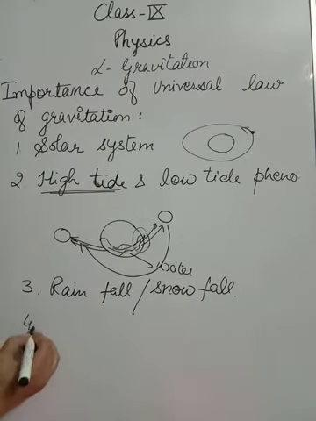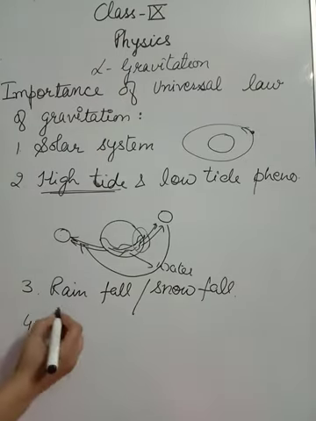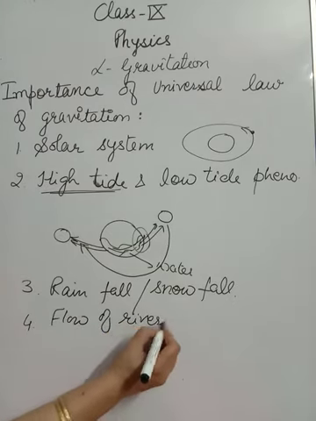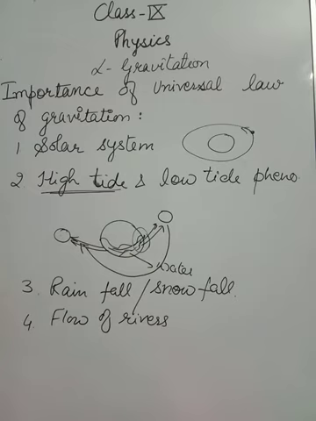And number 4, it also explains the flow of rivers. Why do rivers always flow from higher level to lower level? Because earth pulls every object towards its center, so water starts moving towards the place which is at a comparatively lower level.